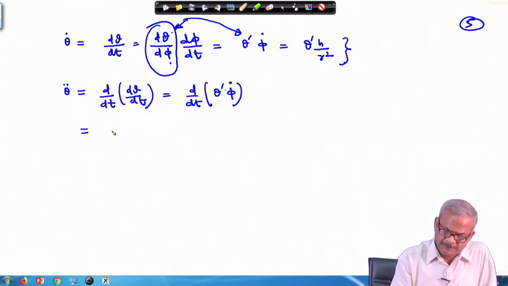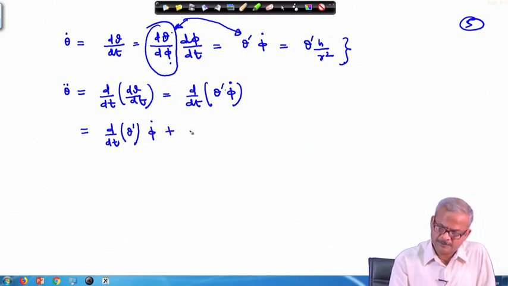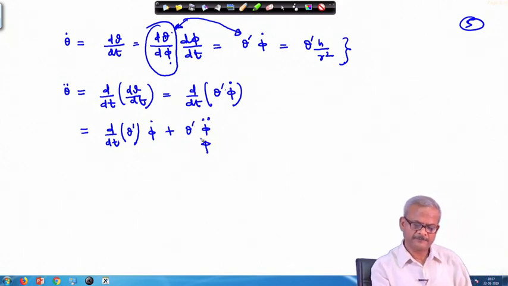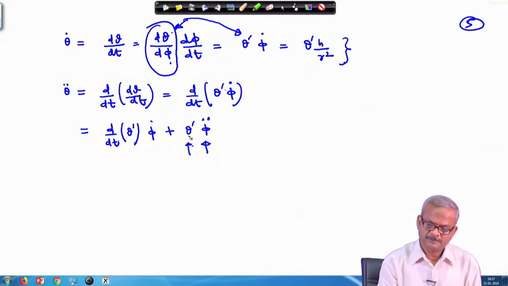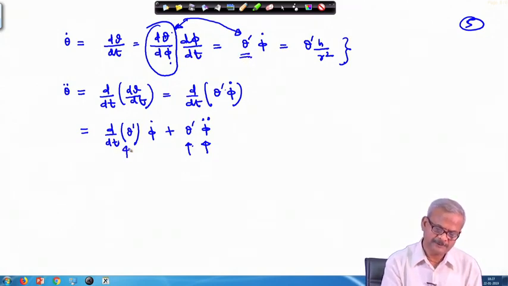So, once we differentiate it, d by dt, plus theta prime phi double dot. So, phi double dot, this quantity already we have worked out. Okay. Theta prime is just the derivative of theta with respect to phi, which is written here. So, this quantity we need to work out.